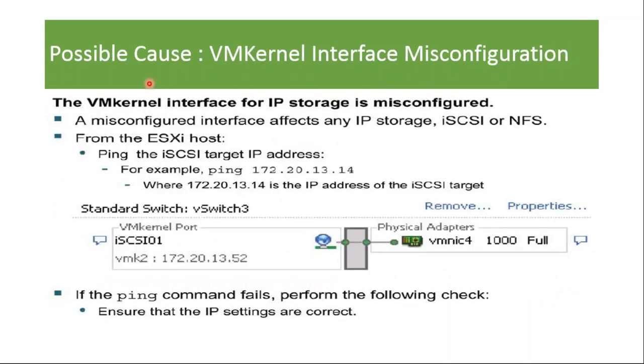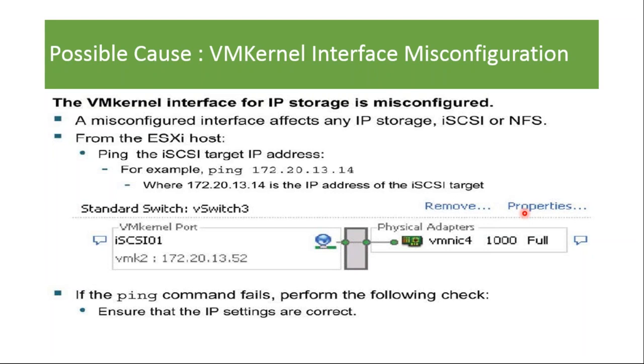So the other possible cause is VMkernel interface misconfiguration. It's a kernel disk average response. Your ESXi host has a VMkernel port, right? Via that particular component, the VMkernel, you are going to provision IP storage.